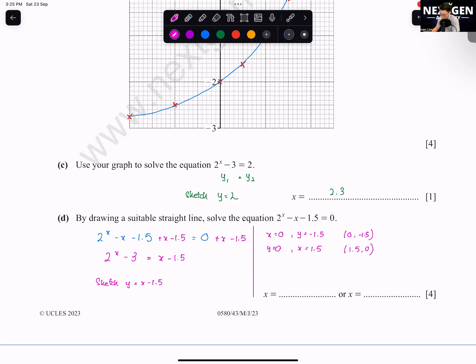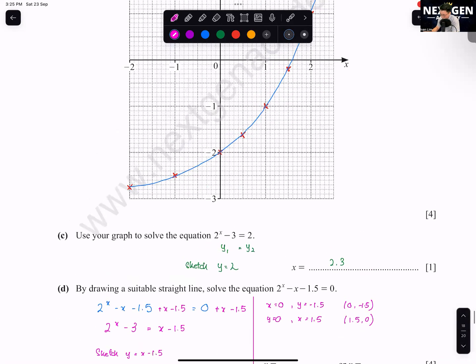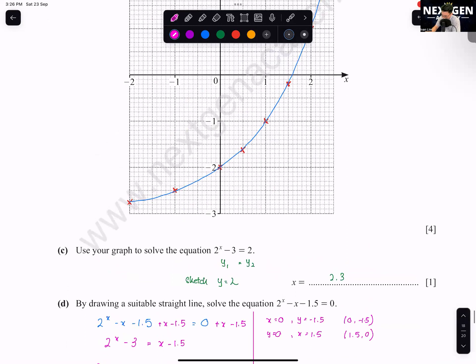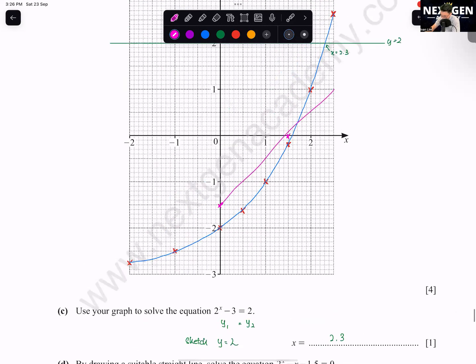Okay, can I sketch it out? Okay, negative 1.5 and 1.5. Okay, draw a line. You have to show this one. Okay, so what are the 2 points of intersection here and here?